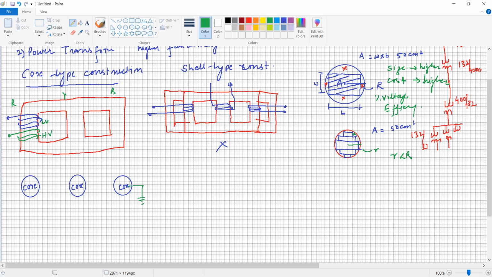So it is better to first take the LV winding next to the core, and after LV winding we will place the HV winding. So next to the core is the LV winding, and then it will be the HV winding.